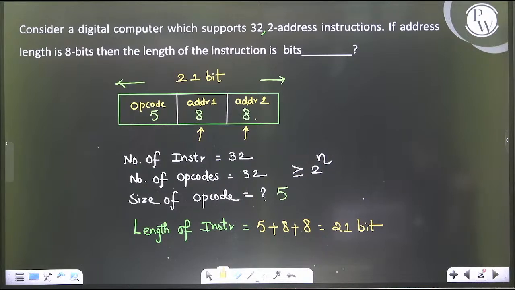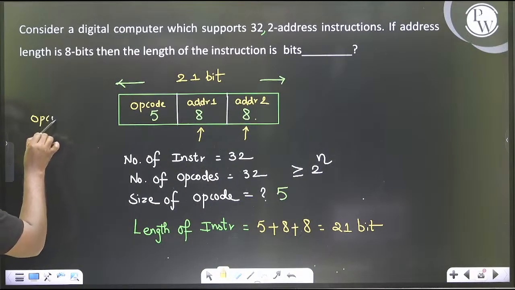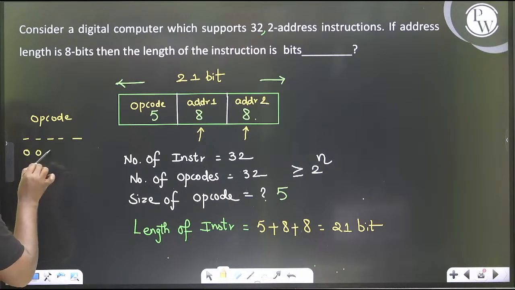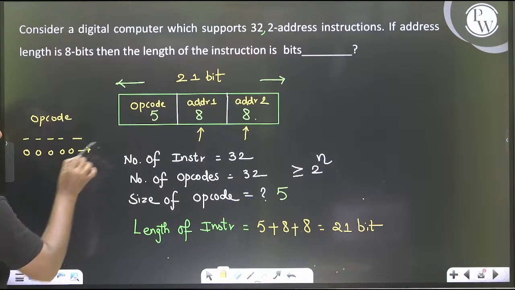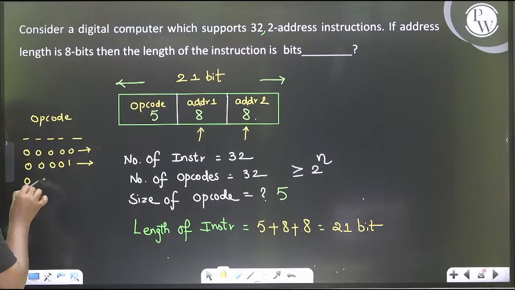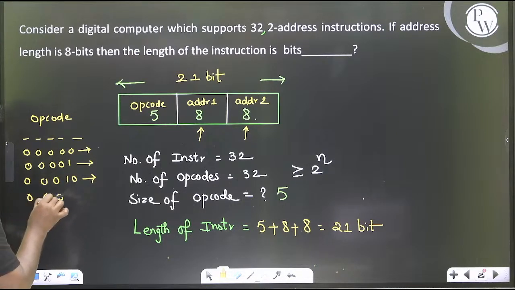Number of instructions means number of opcodes. If you have n bits, see how to understand this. Suppose the opcode is 5 bits, 1 2 3 4 5. With 5 bits, 0 0 0 0 0 can be one type of instruction. 0 0 0 0 1 can be one category of instruction. 0 0 0 1 0 is another category. 0 0 0 1 1 is another category.